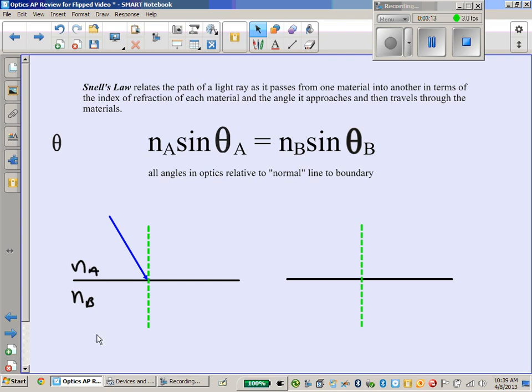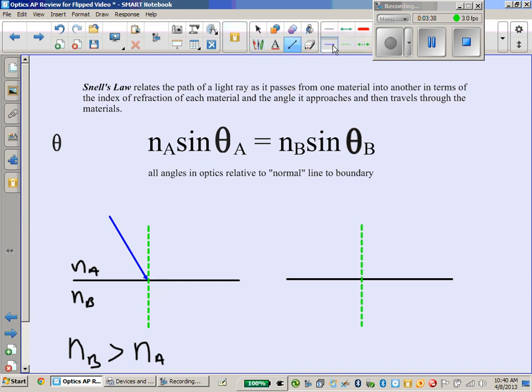If Nb is greater than Na, in other words, it's traveling from something that's easy to travel through, like air, into something with a higher density, like water, you may recall that the light ray will bend towards the normal.